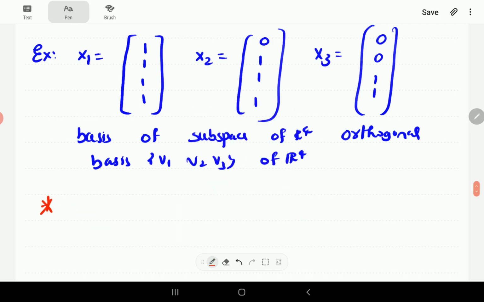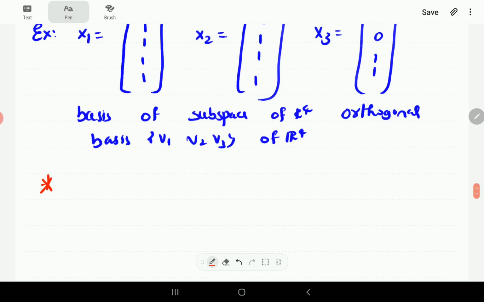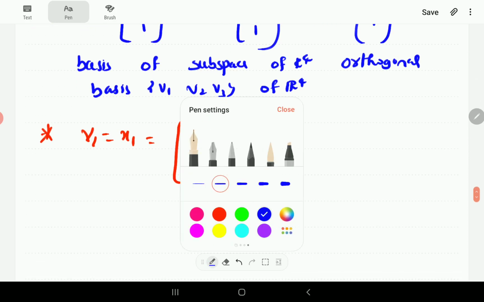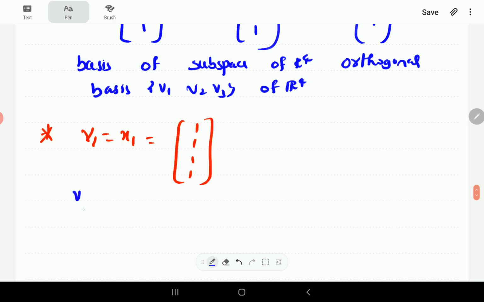The procedure says, by the Gram-Schmidt process, v1 should be equal to x1. So in this case it is (1, 1, 1, 1). This is your v1. Similarly, let us find our v2, which is equal to x2 minus (x2 dot v1 upon v1 dot v1) into v1.